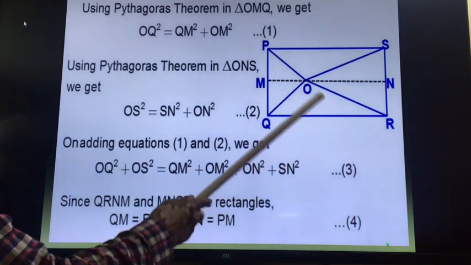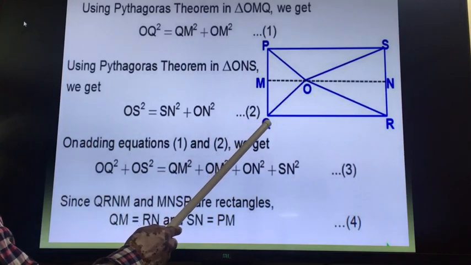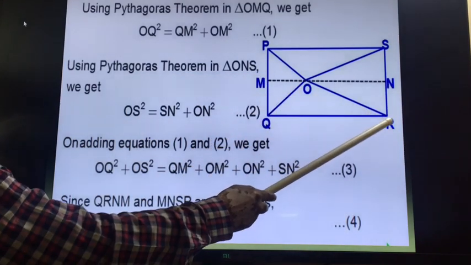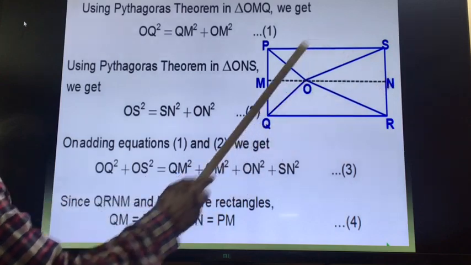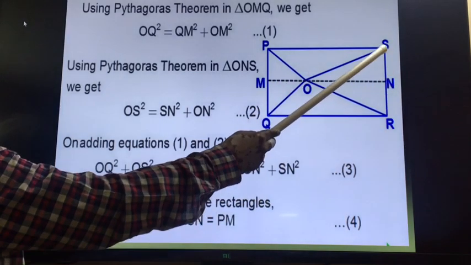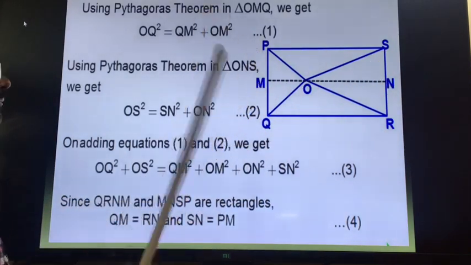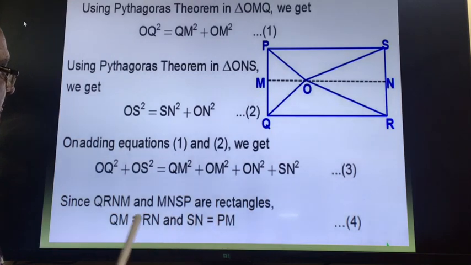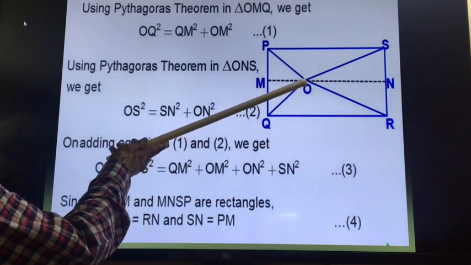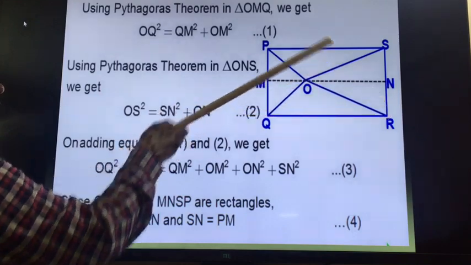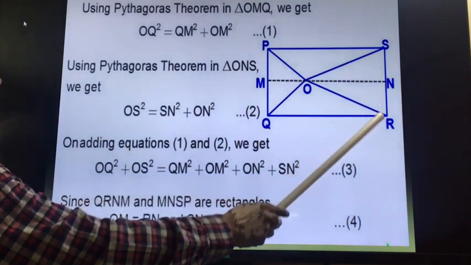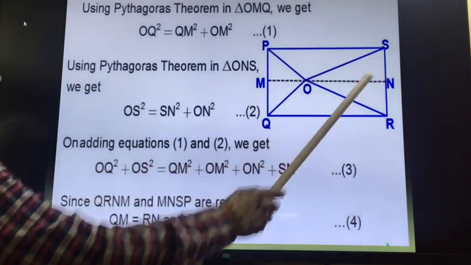So in this case QM will be equal to RN and SN will be equal to PM. So in place of QM we can write RN, in place of SN we can write PM. Why? Because these both the lines are parallel, so MQ will be equal to NR and PM will be equal to SN.